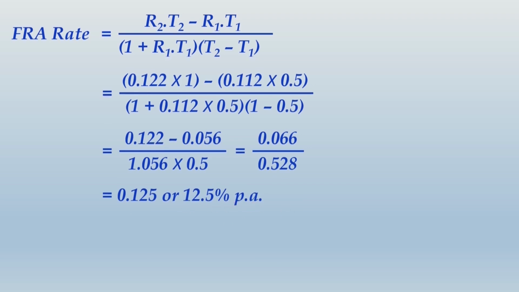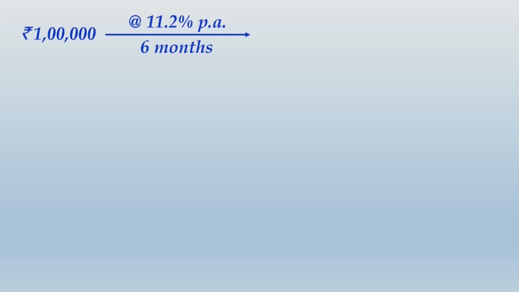Let us now move ahead and determine this FRA rate logically. Assume that you are going to borrow rupees 1 lakh for a period of 6 months only. So if you borrow 1 lakh for a period of 6 months, what will be the final amount that you have to pay back with interest? Obviously the applicable rate will be 11.2% per annum as given in the question.